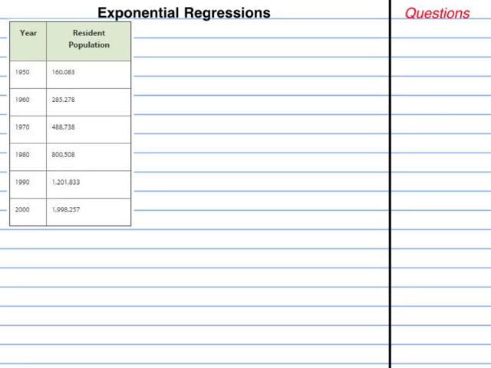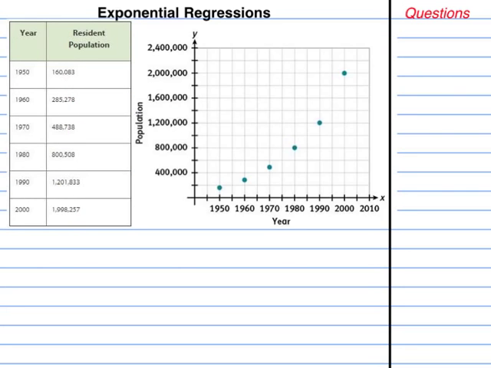So here I have a table of data. I have year, which seems to be going by decades or by tens, and then I have resident population. And so once I graph it, I can see it's got that curve that looks like it's going to be exponential. And it's pretty close. You can see there's a couple of points that don't quite fit.